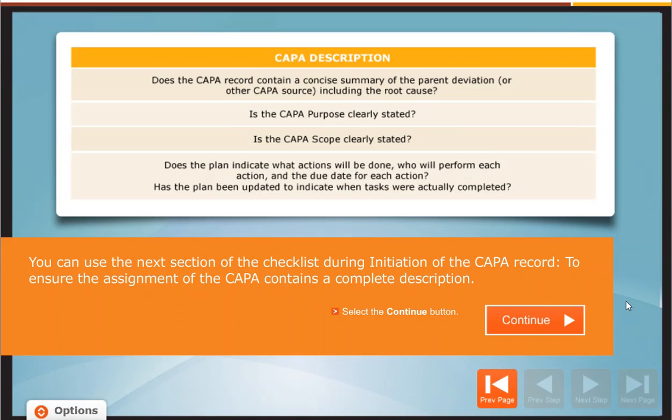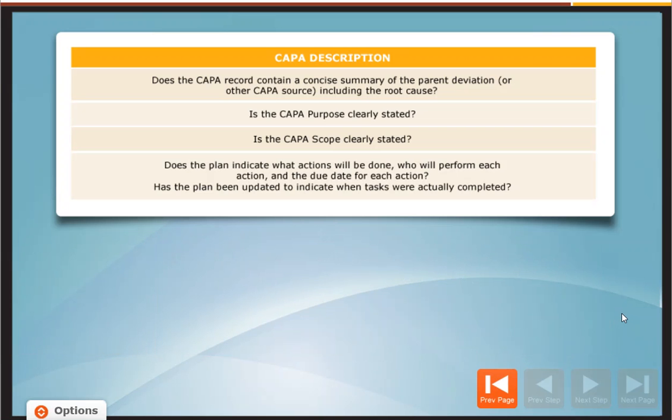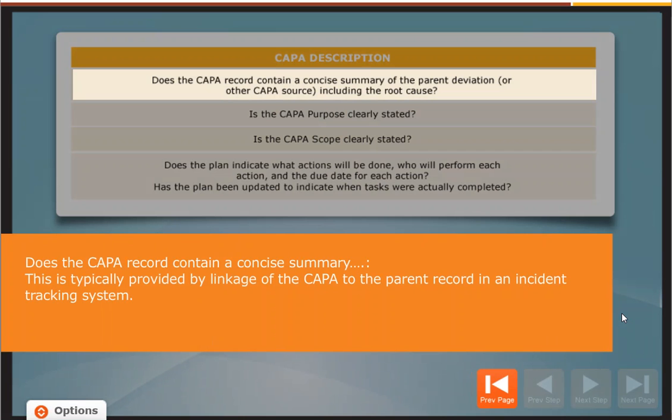You can use the next section of the checklist during initiation of the CAPA record. Does the CAPA record contain a concise summary of the deviation?